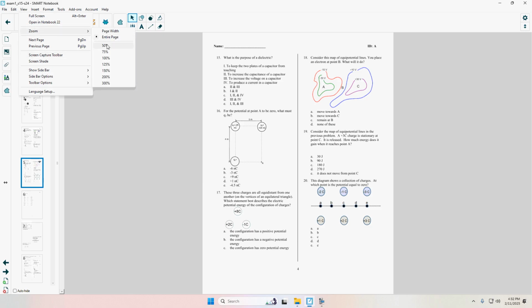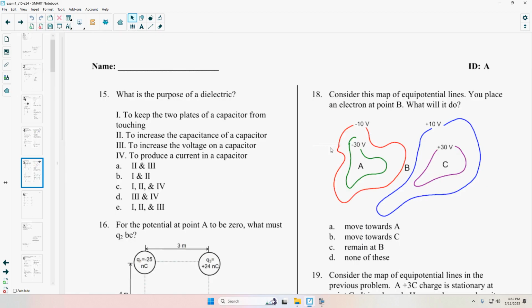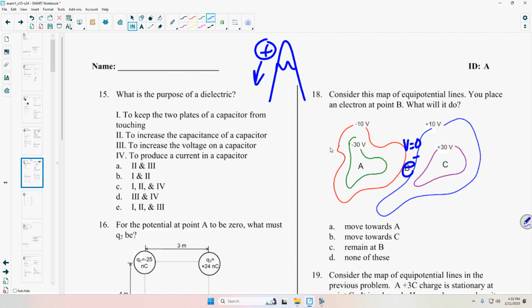Like number 18 on the Spring 24 exam, where I place an electron right here at point B and ask what direction it will move. At point B, it looks like it's at a potential equal to 0 volts. Electrons move from low to high potential, while protons move from high to low potential.